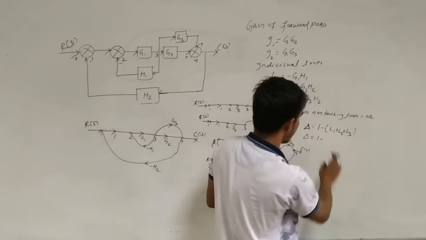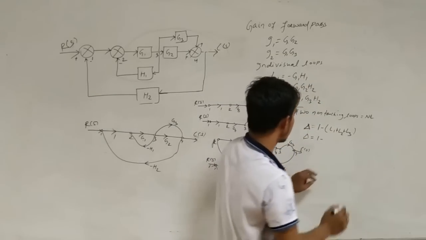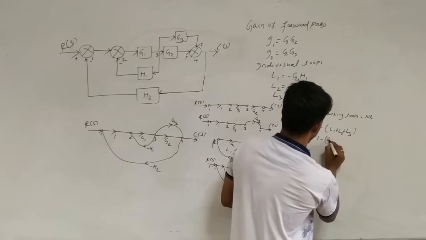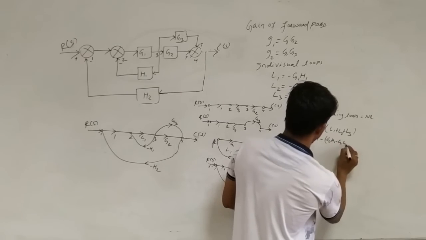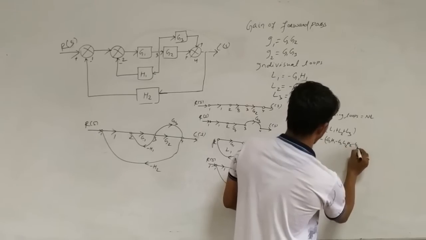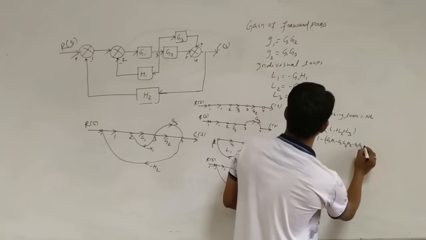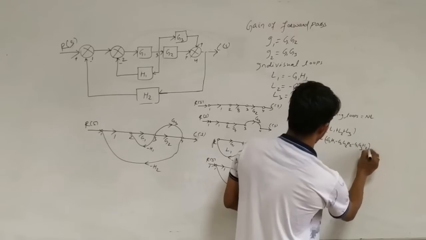Put the values of L1, L2, L3 respectively. So L1 is minus G1 H1, minus G1 G2 H2, minus G1 G3 H2.